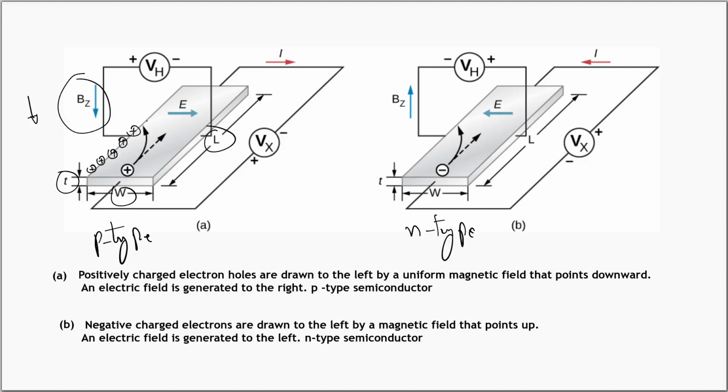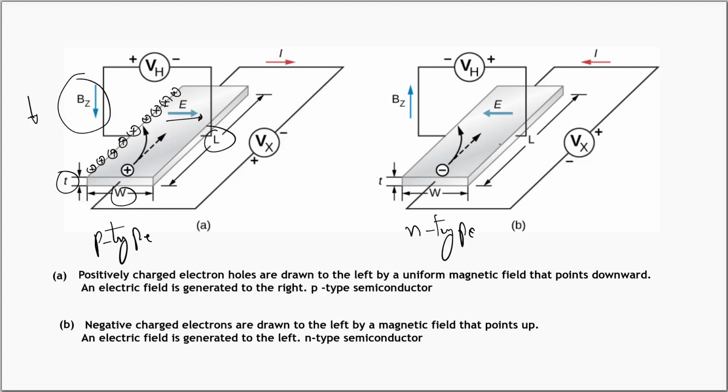So the accumulated charges establish an electric field given by E. The magnetic field is in the negative direction along the z-axis, the current is along the positive direction of the x-axis, and the established electric field is along the y direction. The current and the magnetic field are perpendicular to one another.